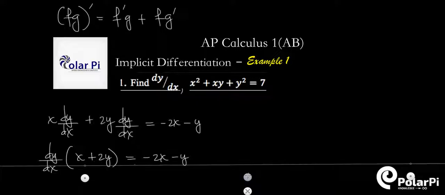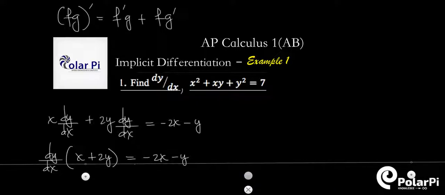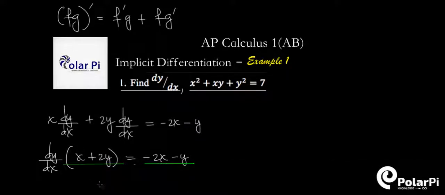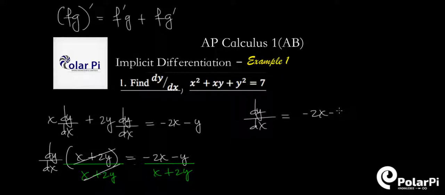And now, dividing both the left side and the right side by x plus 2y, we can get dy dx all by itself as desired. So this guy and this guy cancel, or they just turn to 1. So we see that dy dx is equal to negative 2x minus y, all divided by x plus 2y. Okay, cool.